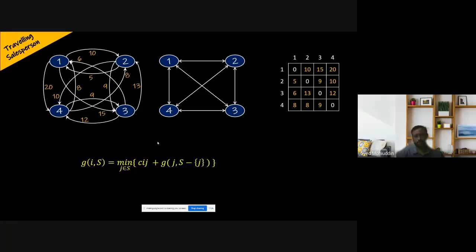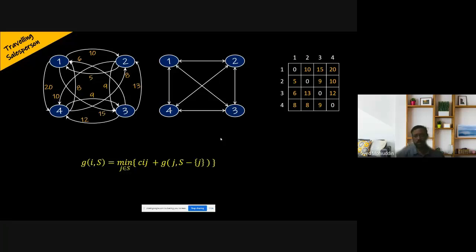Since it's a dynamic programming approach, at each stage we have to make a decision. Suppose we start with vertex 1, though you can start with any vertex, usually vertex 1 is the starting point.